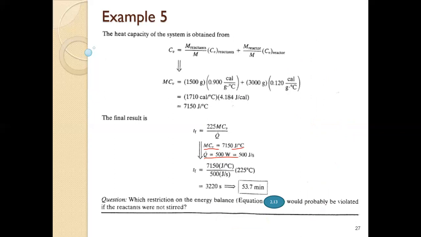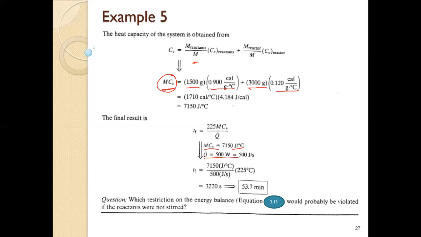For this case, you have to calculate the average CV, from CV equal to M reactant CV reactant divided by total M, plus M reactor CV reactor divided by M. And now you can see MCV equals M reactant multiplied by CV reactant plus M reactor multiplied by CV reactor. You can calculate the average CV in terms of MC from the reactor and reactant.